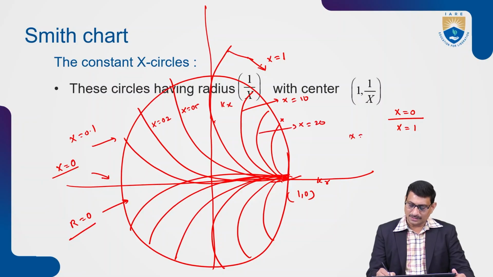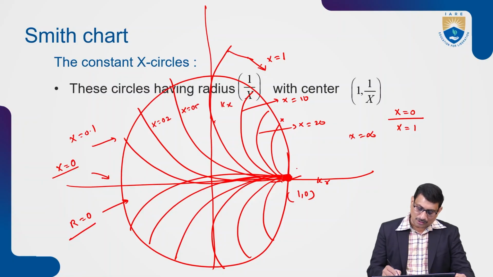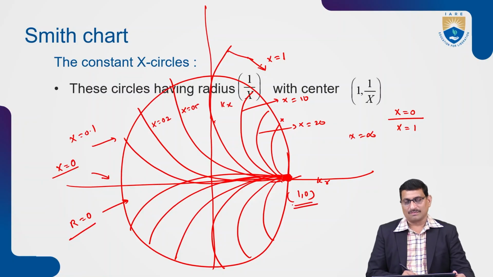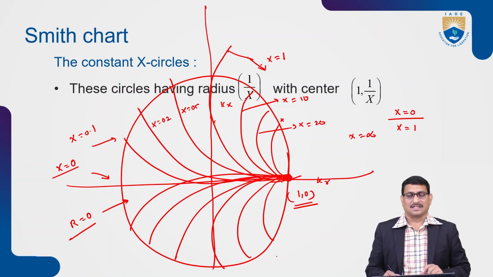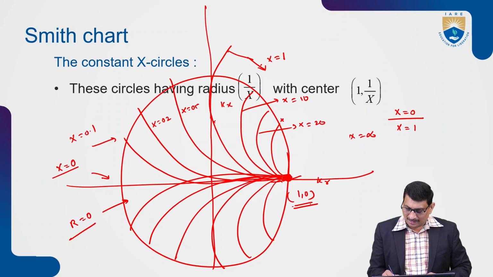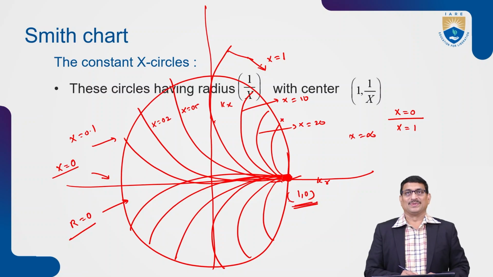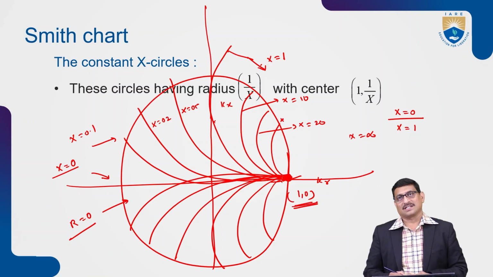If X is equal to infinity, then 1 divided by infinity is a radius of 0, with 1 comma 0 as the center, so it is a point itself that also passes through the point 1 comma 0. Therefore, what we observed is that all the R circles and all the X circles pass through the point 1 comma 0. So these are all called the family of X circles.